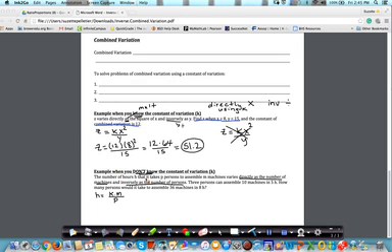So multiply K and M, and inversely means divide by P. So there are my two equations.